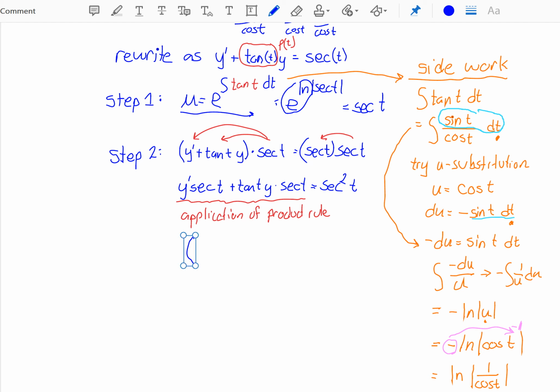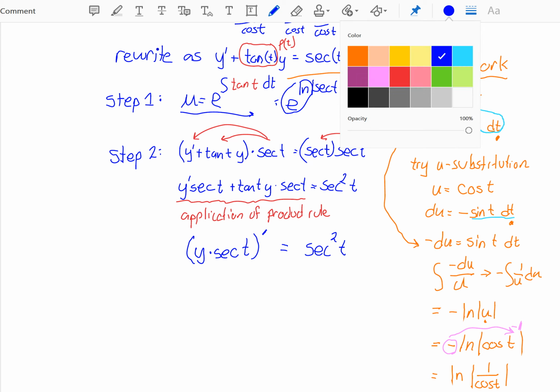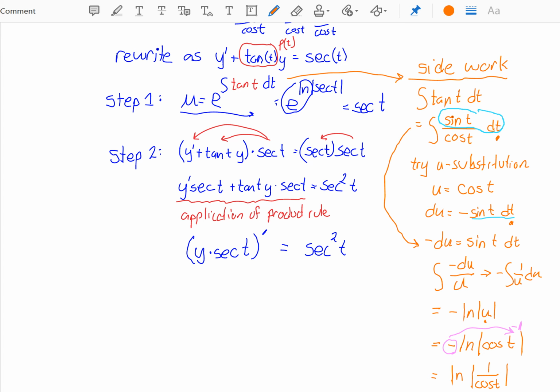It should always be the original variable times your integrating factor. However, even though I write it knowing that it should be an application of the product rule, I still think you should check.